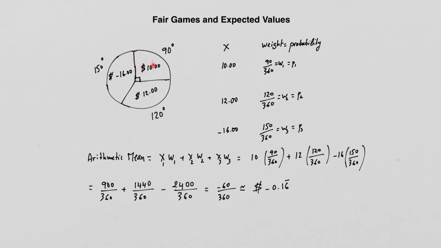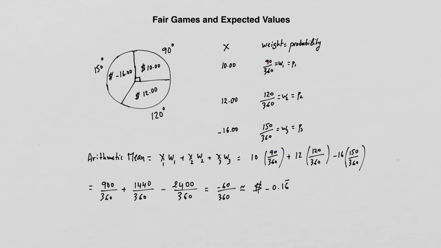For this one, see they carry different weights, see the areas are different, so they have different weights. So this weight is 90 out of 360, which is basically 1/4. Isn't that 1/4 of the circle? So this weight here is 25%.